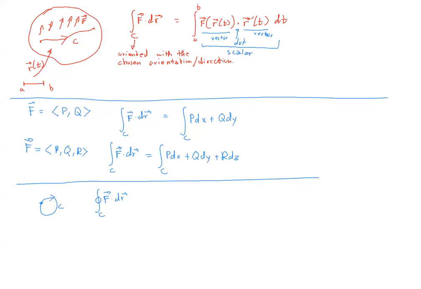And of course, this can be added in the case that we have the other notation in the spirit of Leibniz. So this little circle will indicate a closed path. A closed path is a path that starts and ends at the same point.